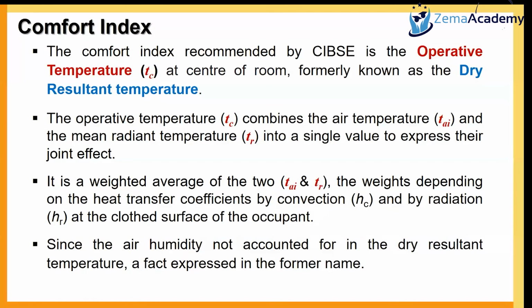The reason it was called dry resultant temperature was because it did not take into account the air humidity. This operative temperature, like I said earlier, will now be written as T with subscript C. So C is representing comfort. Okay? This operative temperature combines the inside air temperature and the mean radiant temperature.